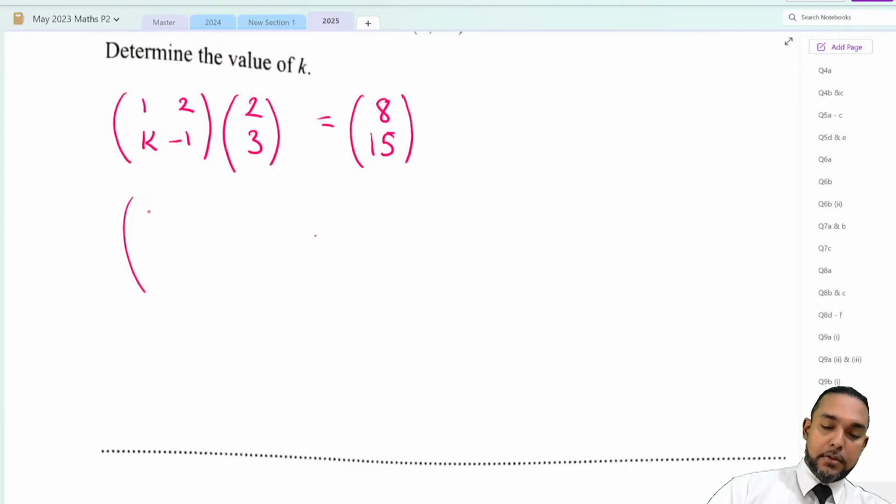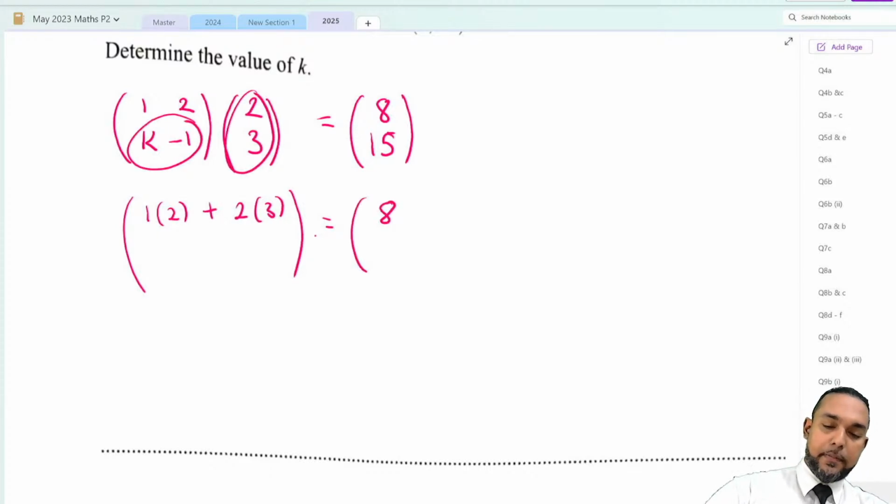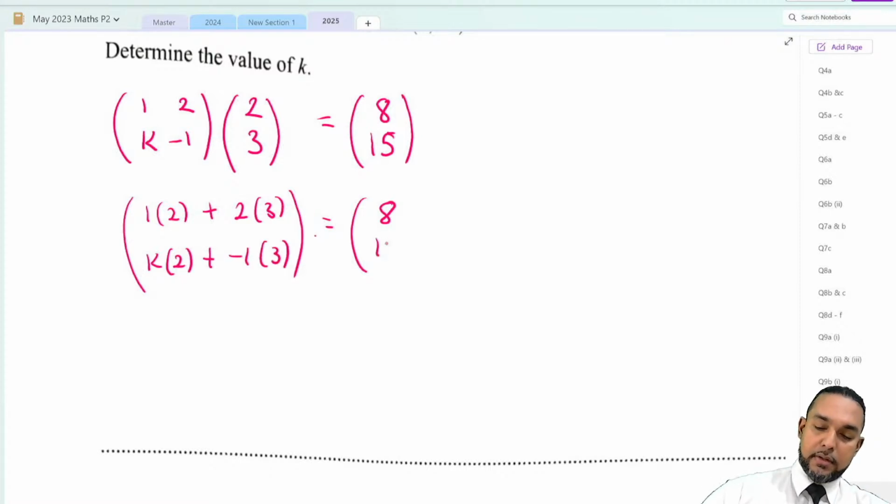So I'll write it out: 1 by 2 plus 2 by 3. And then this row by this column here. So we're doing K by 2 and then minus 1 by 3.